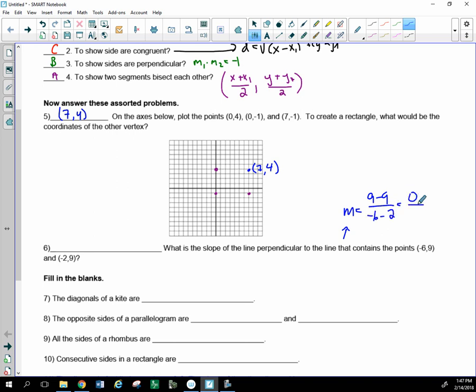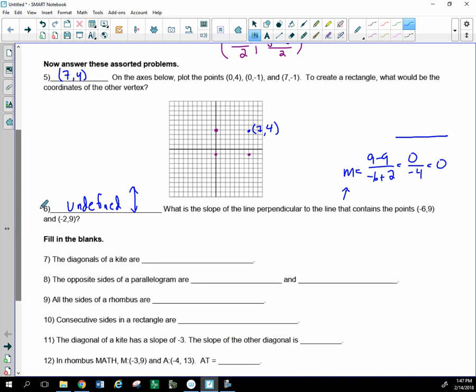The top becomes 0 and the bottom becomes -4, which basically is a 0 slope, which means the line is horizontal. When that happens, the slope that would be perpendicular to this would be an undefined slope. And the undefined slope happens when you have a vertical line, okay? And so that's how we're going to do it.